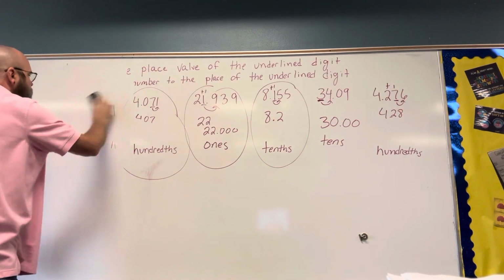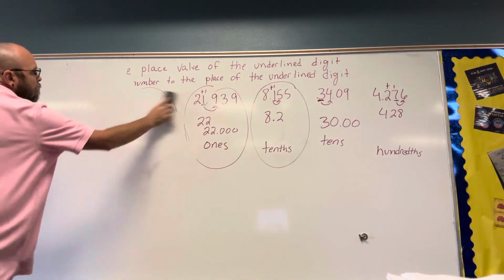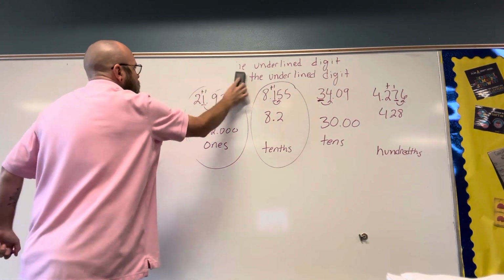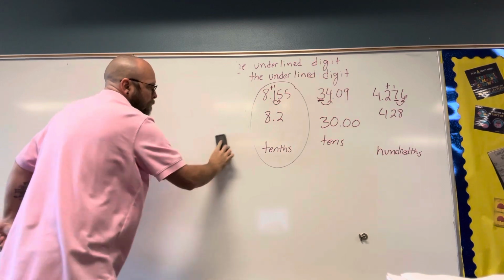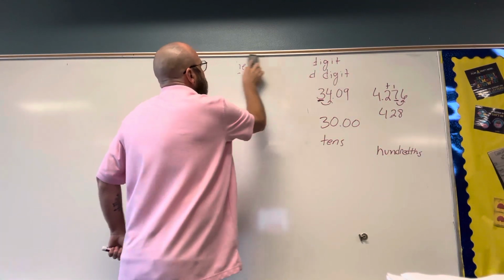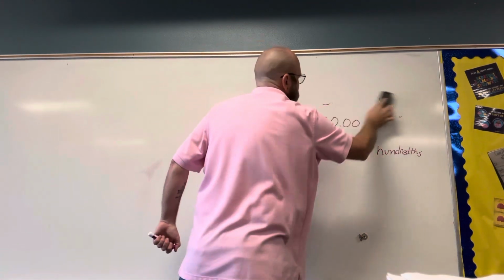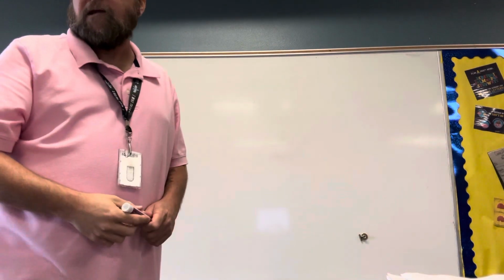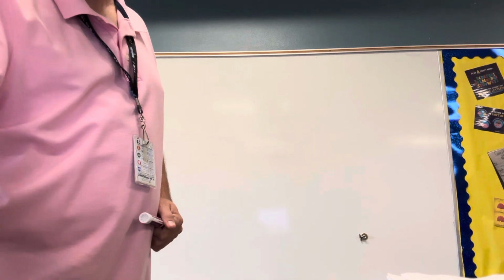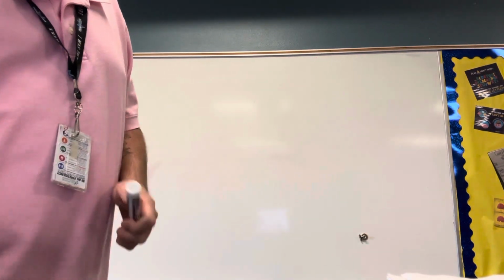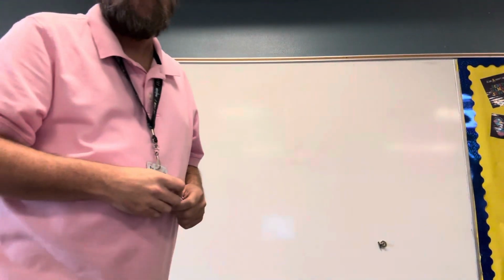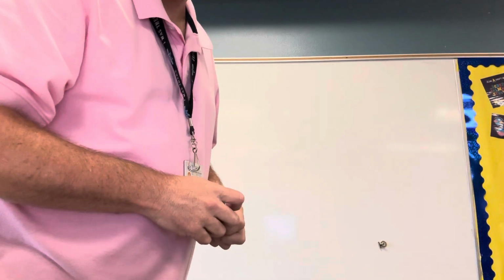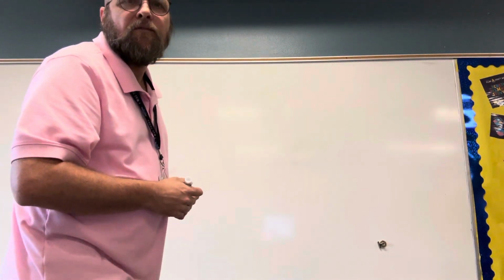Now we had 2 other sets of problems where they gave us a number and we had to round to the different place values for that number. So in the first set, we had the number 8 and 293 thousandths.